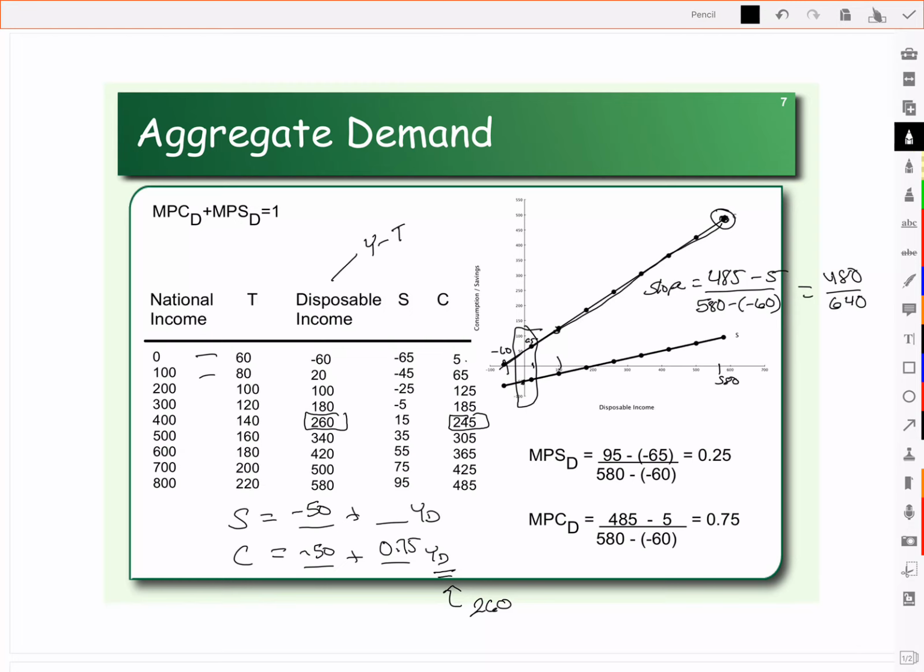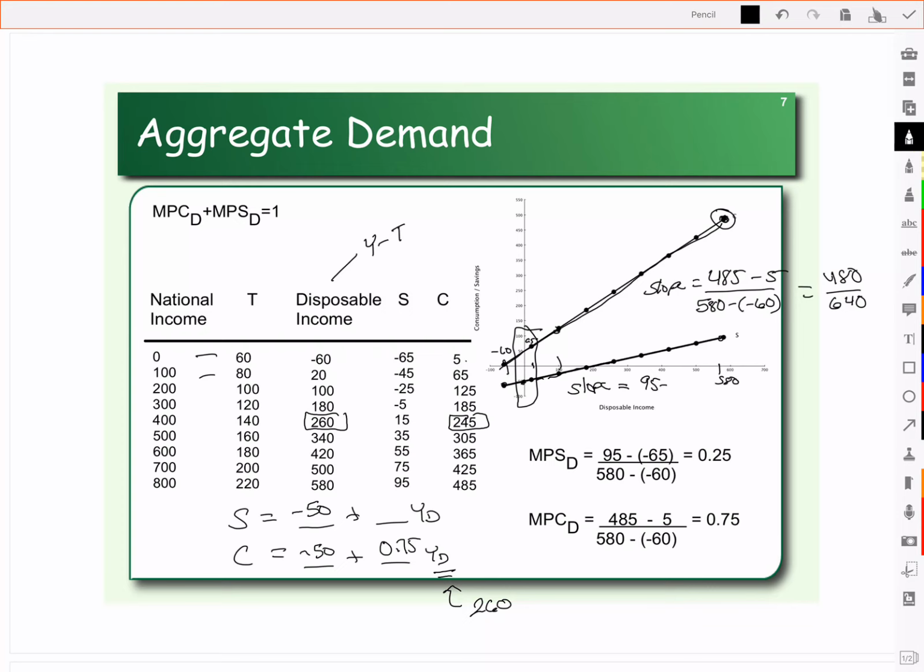Well, now what happens to savings as our income increases? Notice that as our disposable income increases, our savings increases as well. The question is how much? So we need to find the slope. And the slope looks at how we get from one point to the other point. So notice savings went from negative 65 to 95.